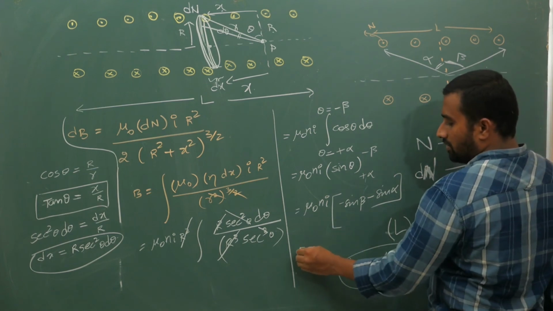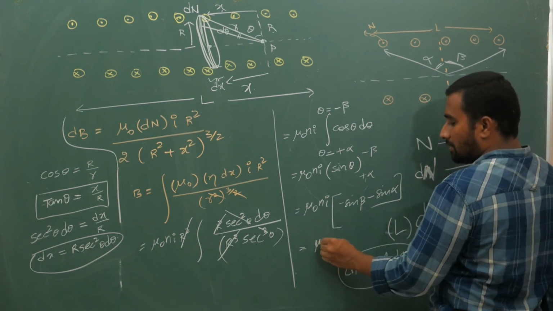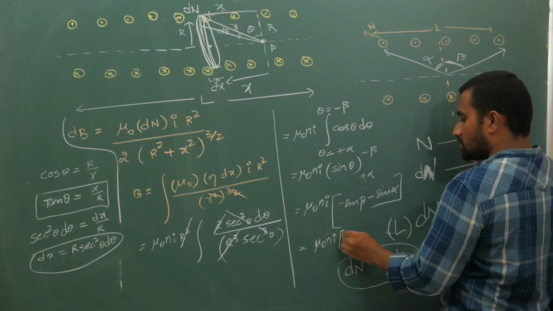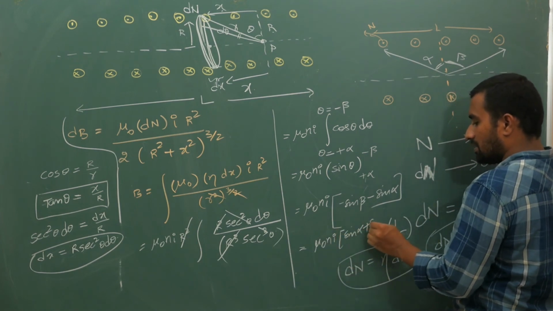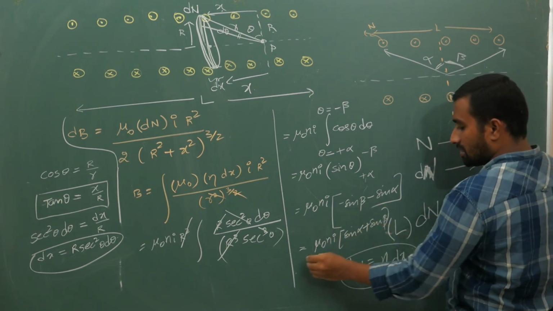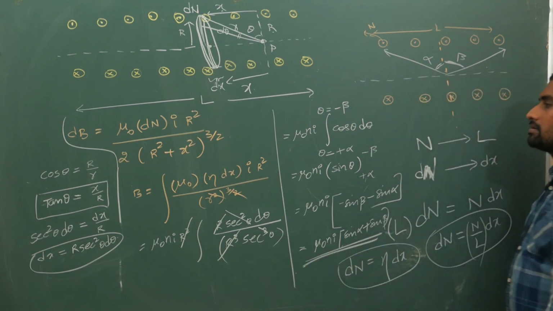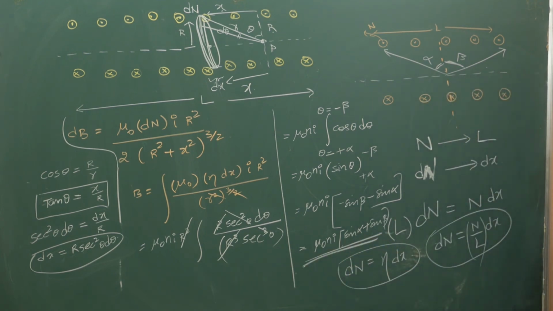Okay. So if you consider only the magnitude, that will become mu naught ni times sin alpha plus sin beta, is your final answer for the magnitude part. That minus sign indicates that it is towards left, in this expression. Hope you have got it.